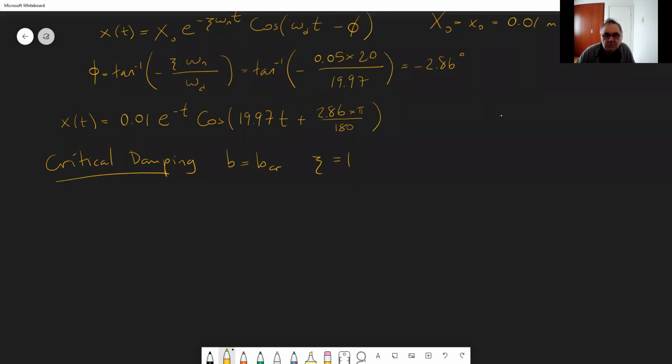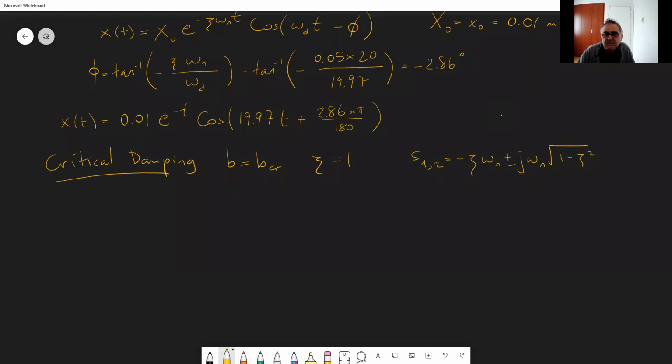The roots s1,2 are going to be minus zeta omega n plus minus j omega n root 1 minus zeta squared, as you remember.